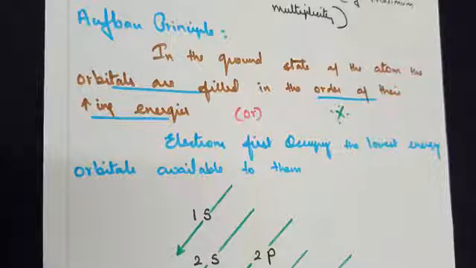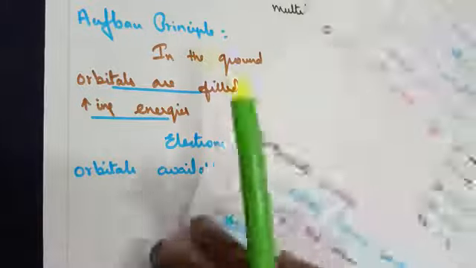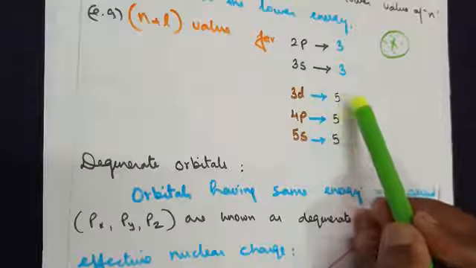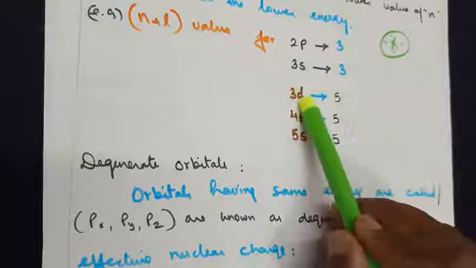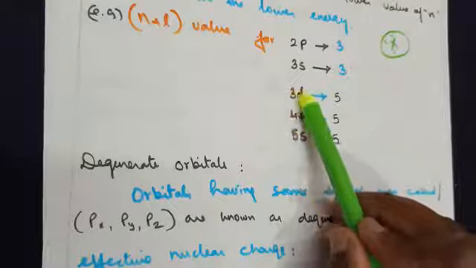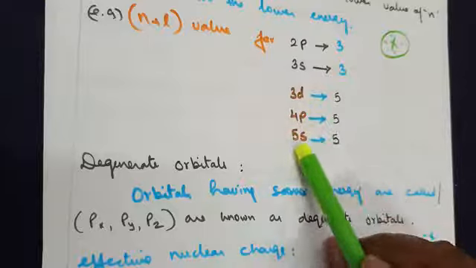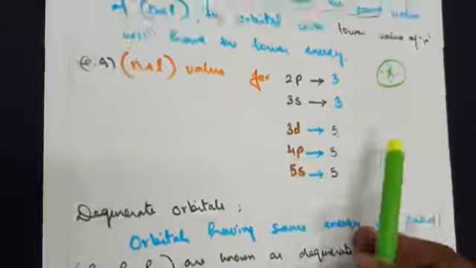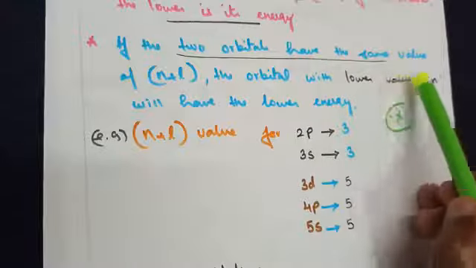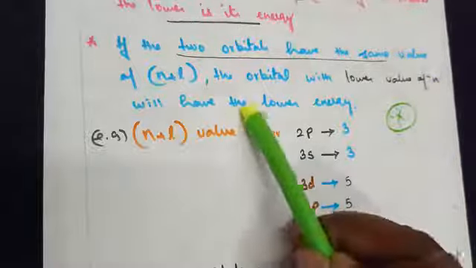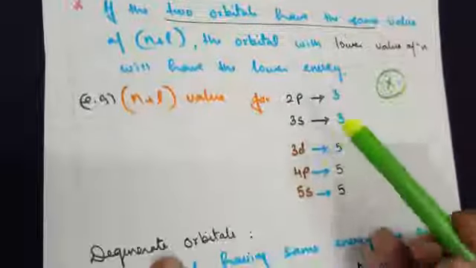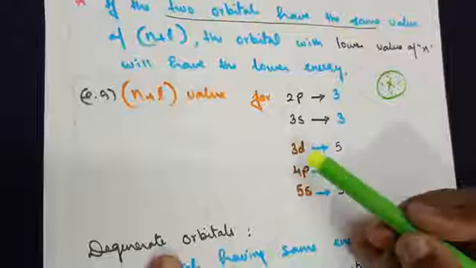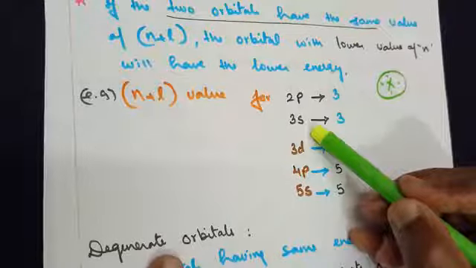And one more point I told you. When it comes to the same energy value with a different principal quantum number, here 3d, 4p, 5s, all have n plus l equal to 5. So 3, 4, 5, what's the rule we have learned? The lower the value of n, the lower the energy of that particular orbital. So when the electrons fill in, 3d will be filled first.